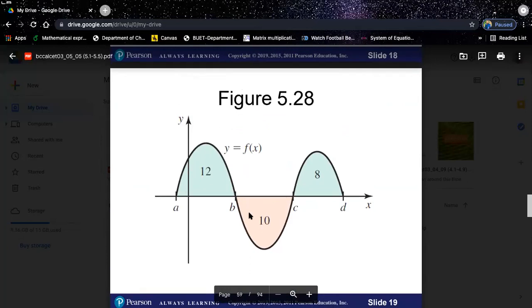Although, as I said, area can't be negative, in maths we can have negative area. If you just consider the area above the x-axis positive, then the area below the x-axis is considered negative.